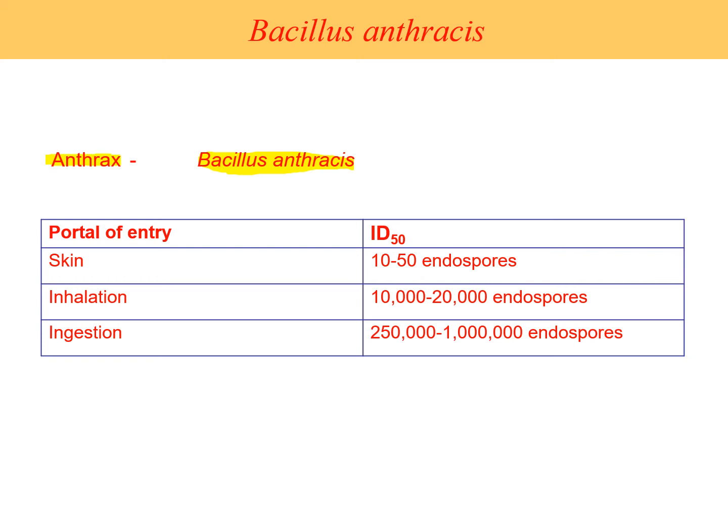It's found in soil often contaminated with feces, and if the portal of entry is the skin, then the 50% infective dose is 10 to 50 endospores. As few as 10 to 50 endospores in the skin will cause an infection. Inhalation requires more for 50% of the test population to get infected, and ingestion takes quite a bit more.